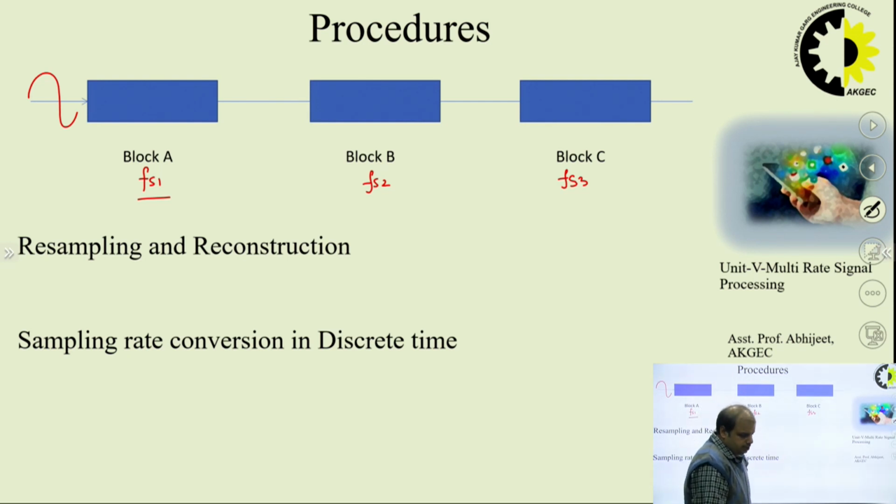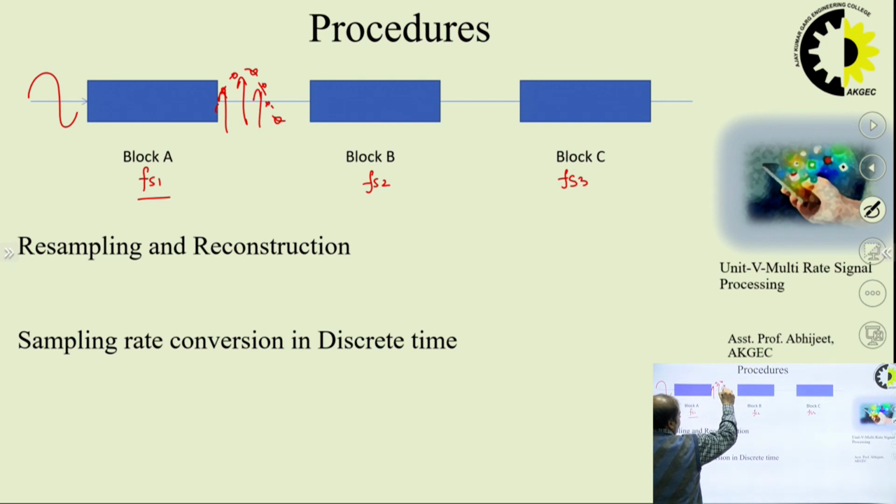There are 2 ways in which this can be achieved. The first way is resampling and reconstruction. That is, if I have an analog signal, I will sample it. I will have the samples here. I will join the samples, and I will again sample it at the desired frequency to obtain fs2.